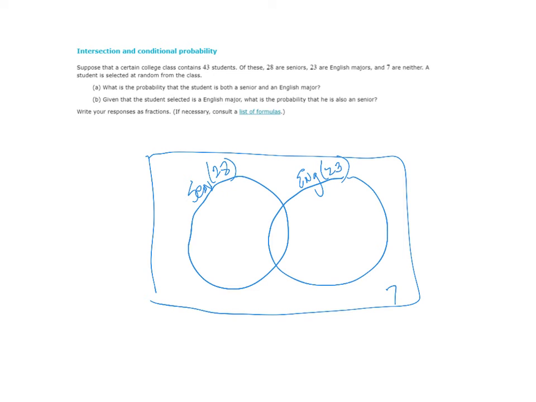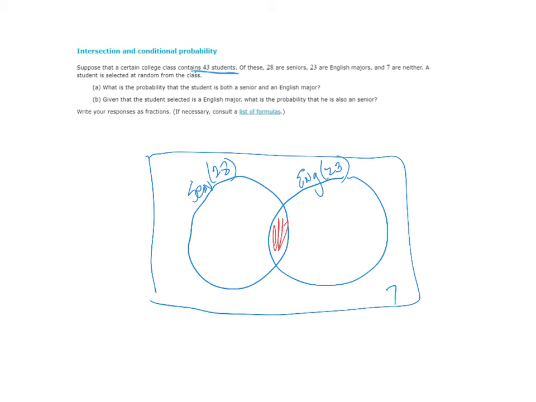And it says that this class has 43 students, okay? 43 students. So the question is, I got to figure out what's in this overlap right here. You know, how many people are both seniors and English majors?